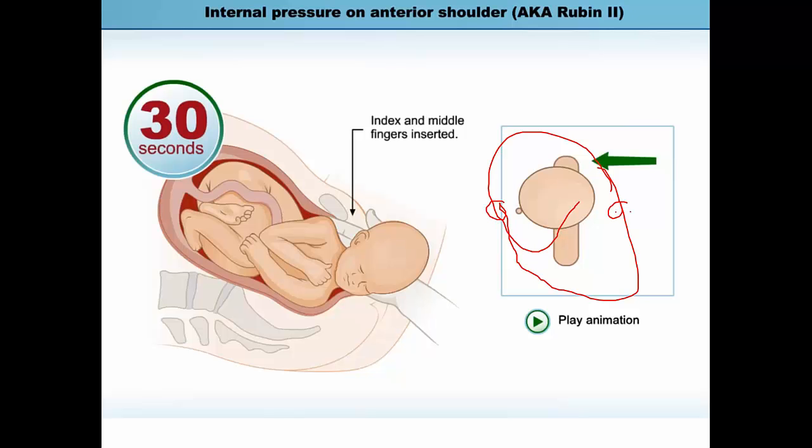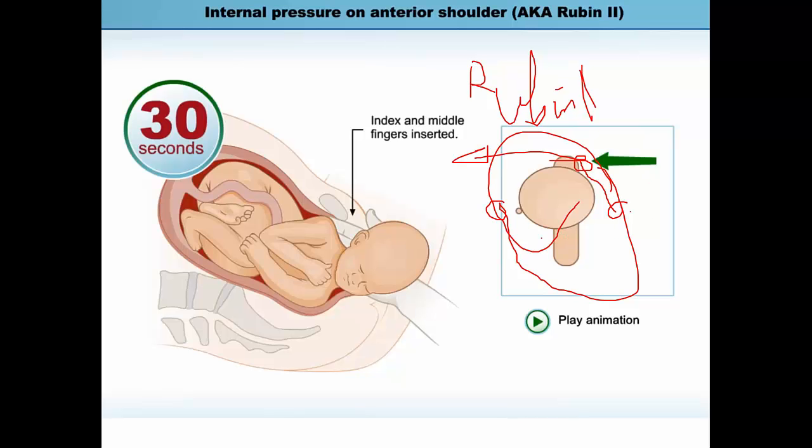So you insert your right hand here, and reach the posterior aspect of the anterior shoulder, and then rotate the shoulder. This is the Rubin 2. This is the first maneuver in internal maneuver or rotational maneuver.